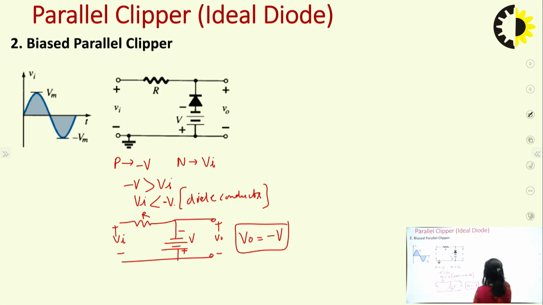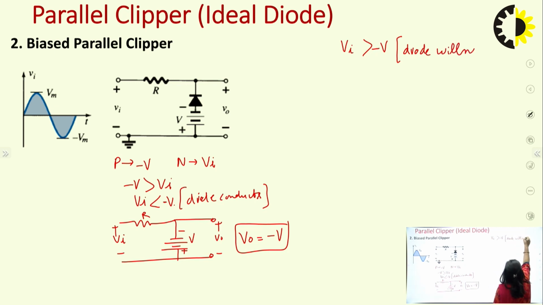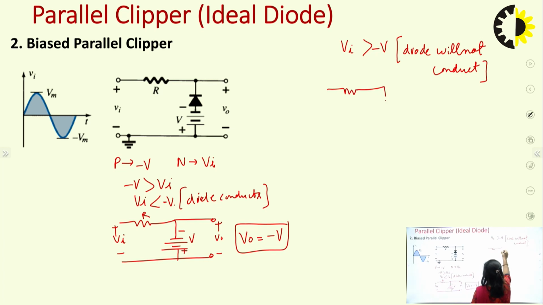And now the other condition, in which the diode will not conduct. In that case the equivalent circuit would be: the diode will become open and the circuit will become like this.